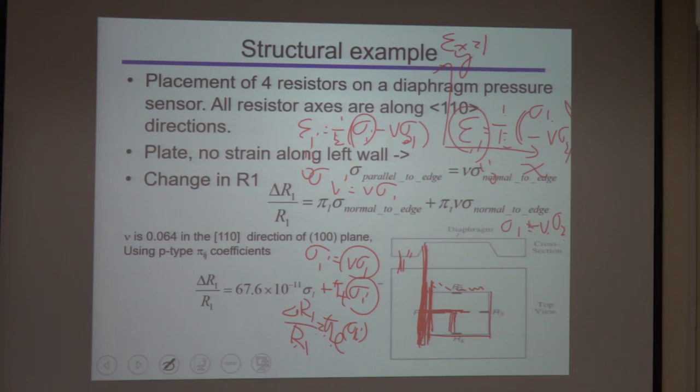So that's why we can write delta R1 divided by R1 equals pi L sigma 1 prime plus pi t nu sigma 1.